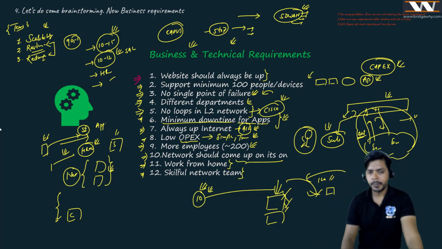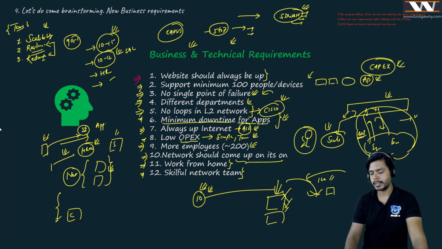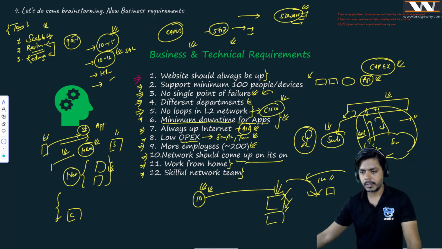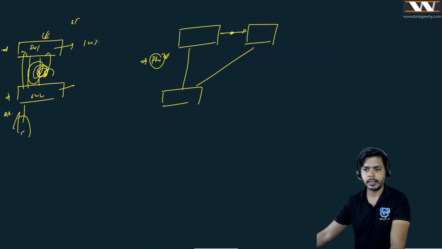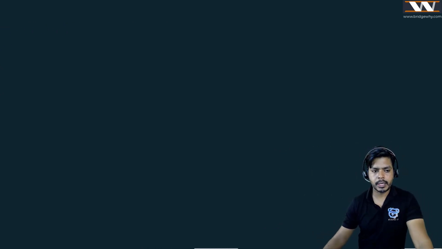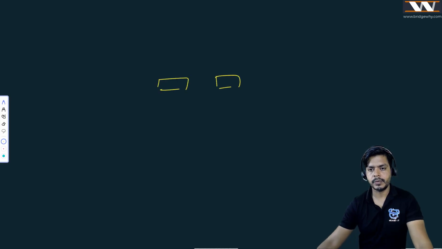I just mentioned that there are some applications which have some requirements. For example, and this is a good question, let me go a little bit deeper into it. Suppose in your company, in your office, you are having these switches.